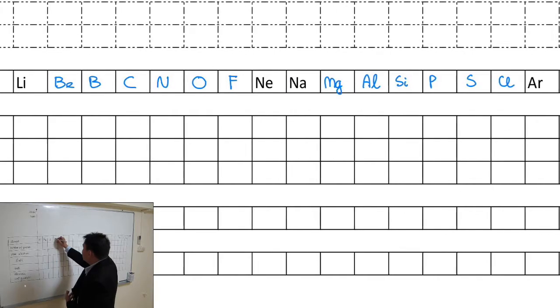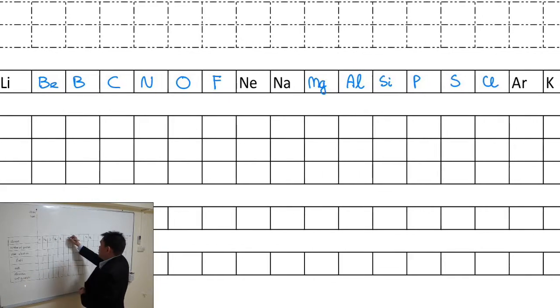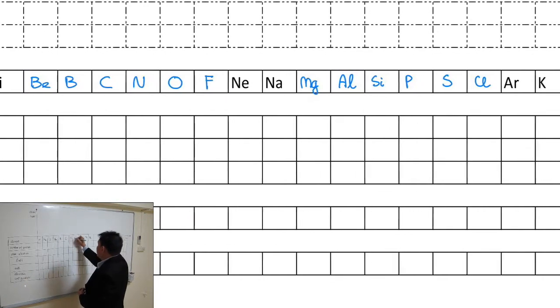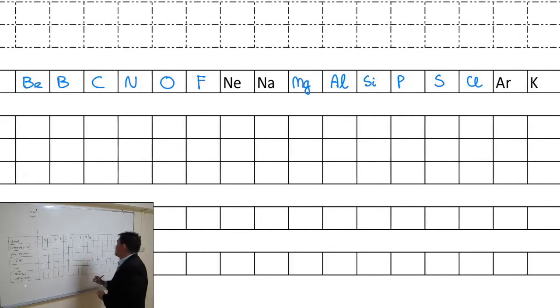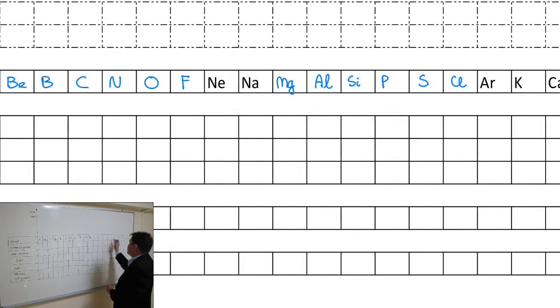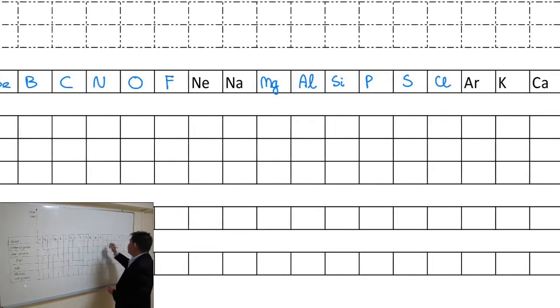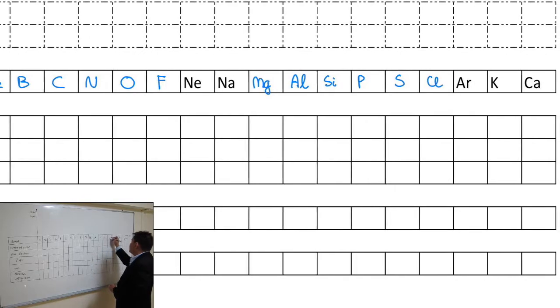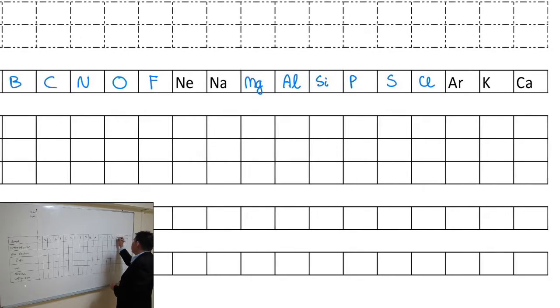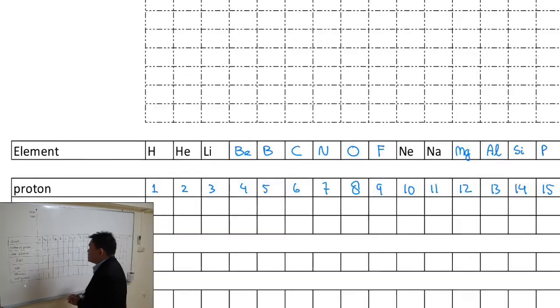After lithium is beryllium, boron, carbon, nitrogen, oxygen, fluorine, neon, sodium. Now from here onwards is period 3. Magnesium, aluminium, silicon, phosphorus, sulfur, chlorine. It's easy to do that.